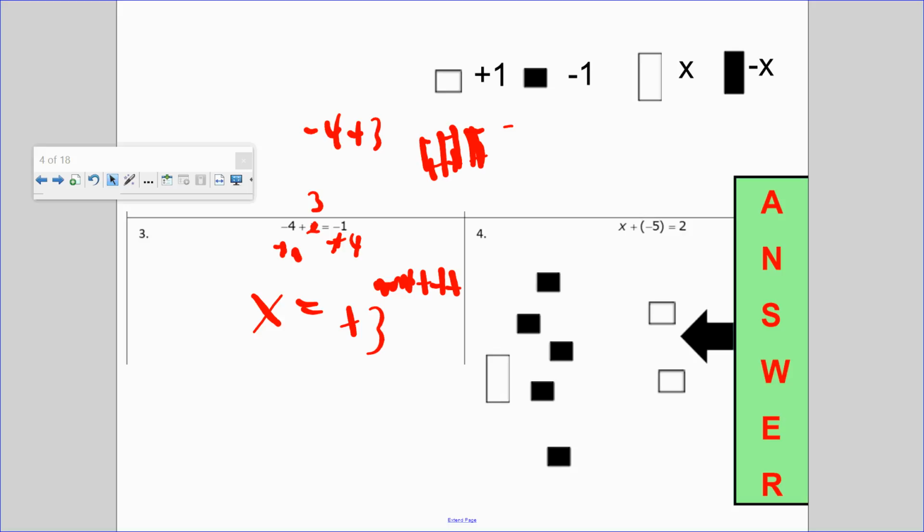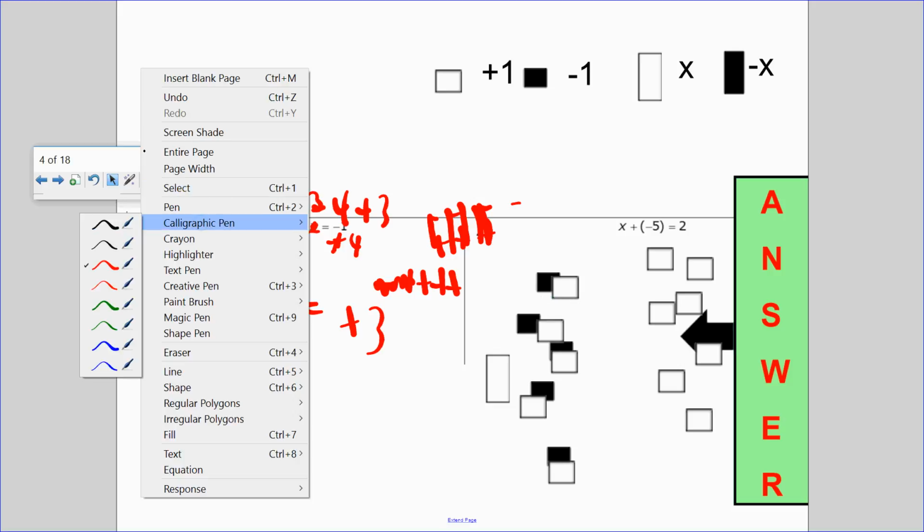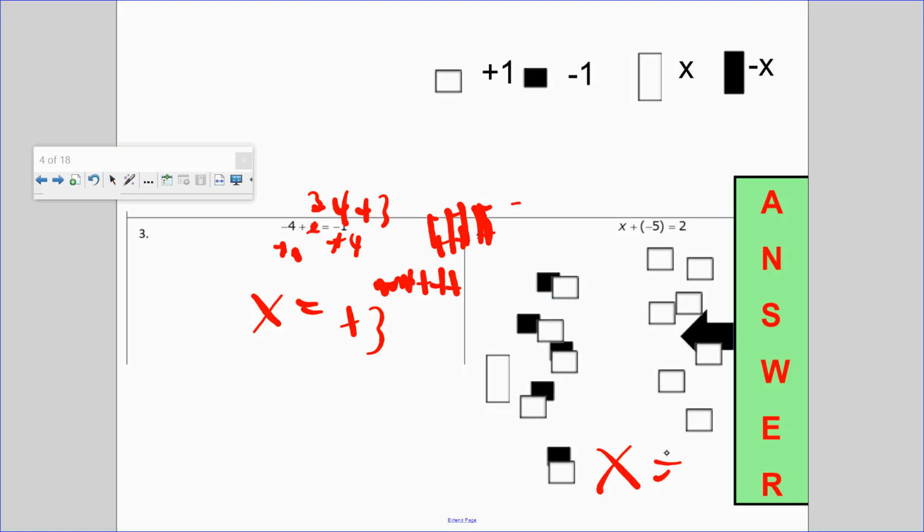So I need to do the inverse of negative 5, which is positive 5. So I need to balance it, so I have positive 5 on this side. All this cancels out, x equals 1, 2, 3, 4, 5, 6, 7. x equals 7.